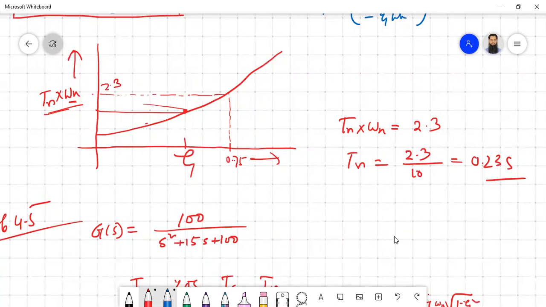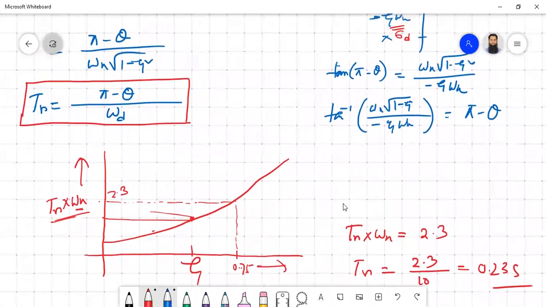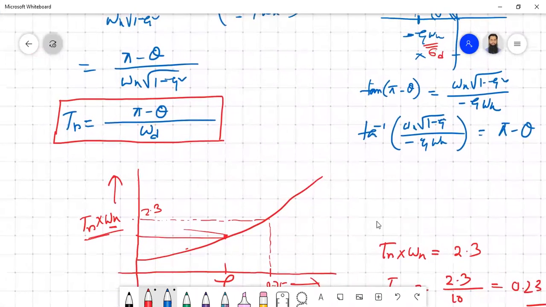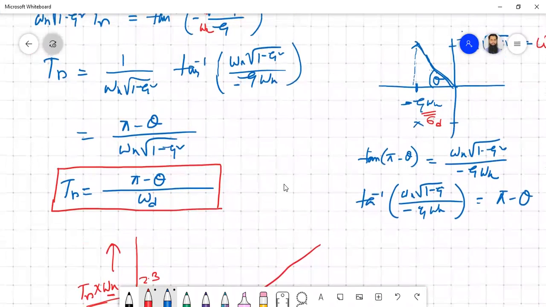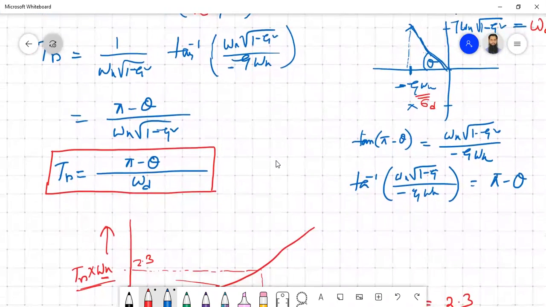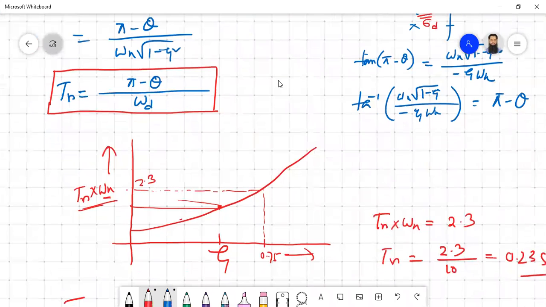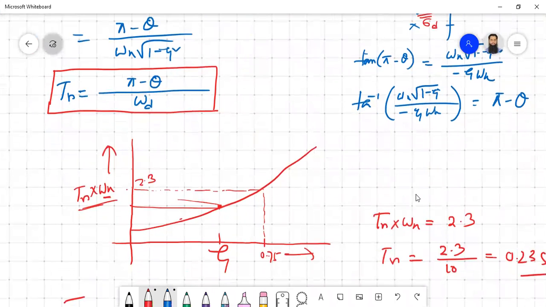This is a very simple way to calculate the rise time using the figure given in this book, or you can also use the formula that you have derived here, which is pretty close to the formula that you are using for peak time as well. Basically, that is repeatedly coming back, so that is why they have a similar pattern.